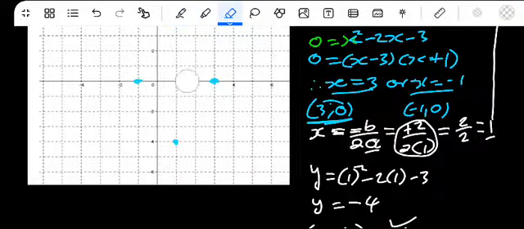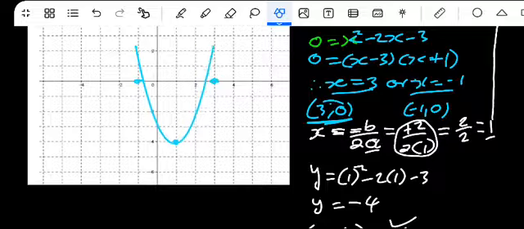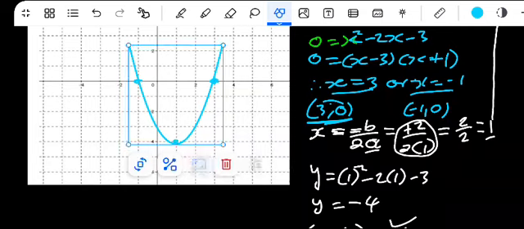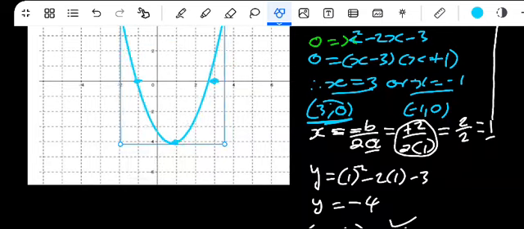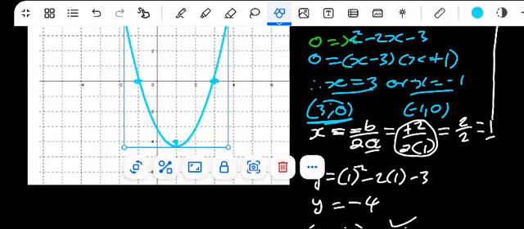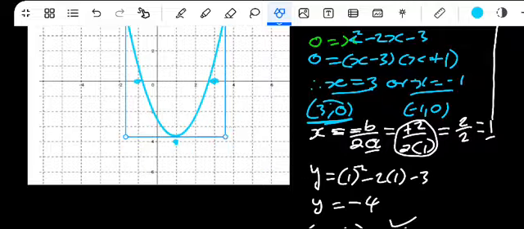All right, so let us try and sketch our parabola. It must fit there. So this is our parabola. Obviously I can make it a little bigger, or let me just reduce it.